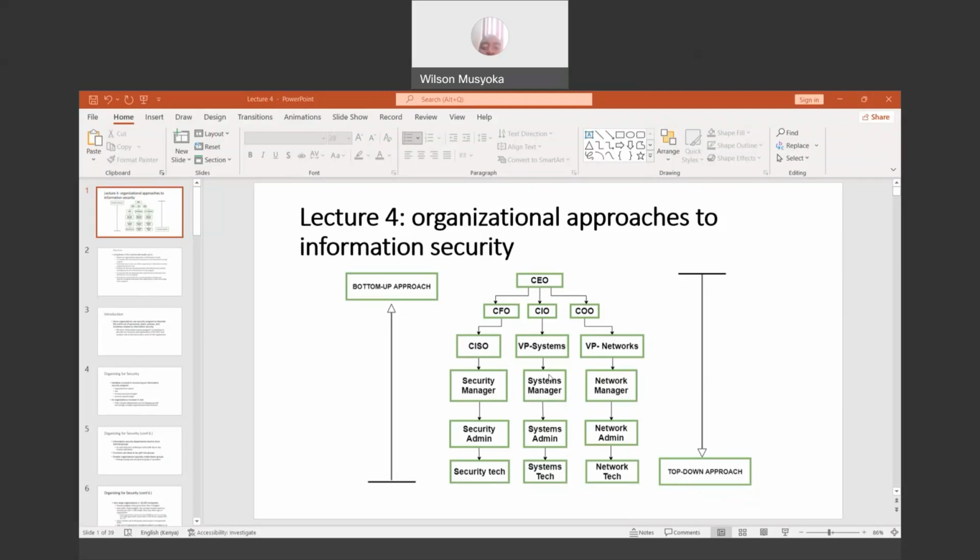Because sometimes you could be talking about companies that are going to provide things like firewalls. You could be talking about companies that are going to be providing maybe VPNs, and all of that can be done in conjunction with employees at this level.